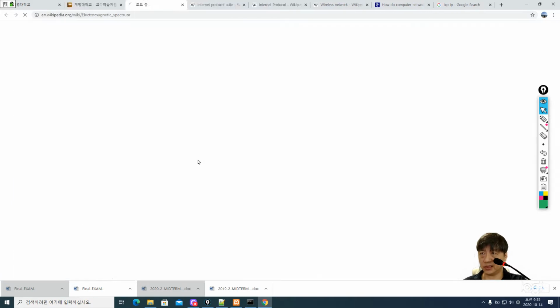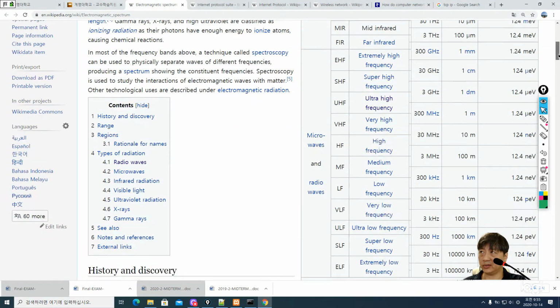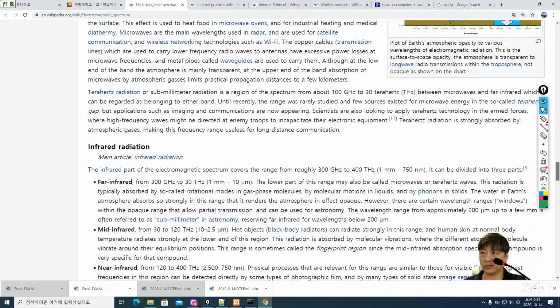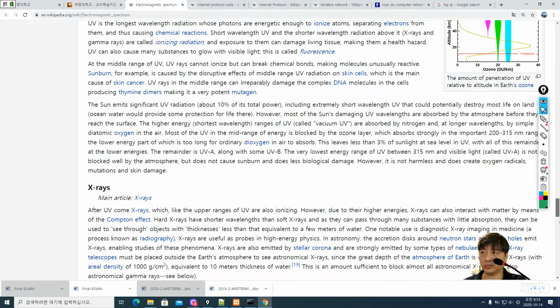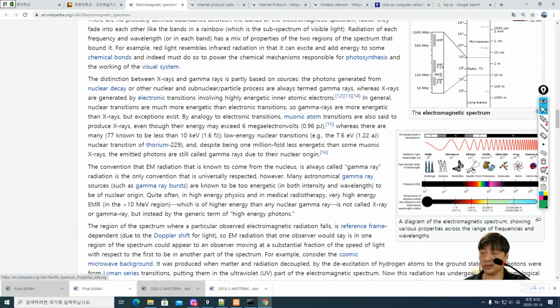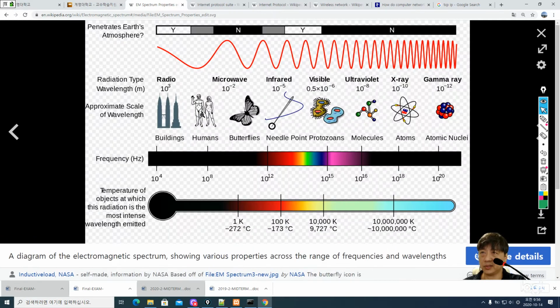So in here, this kind of gives you a picture of the wavelength. So you should have some ideas about the wavelength. If you go to this picture here, it gives you the size of the radio waves.